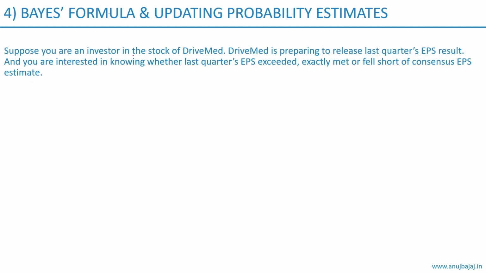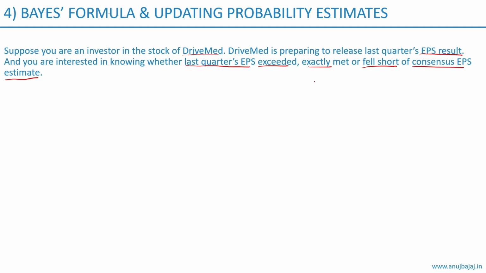Suppose you are an investor in the stock of DriveMed company, and DriveMed is preparing to release the last quarter's earnings per share result. So you as an investor are interested in knowing whether the last quarter's EPS exceeded, met or fell short of the consensus EPS estimate. Consensus EPS estimate means what the market is expecting. So in a market we have various investors, various analysts.